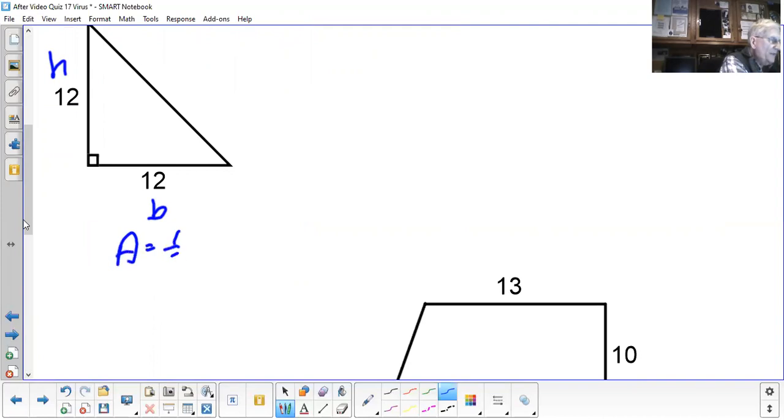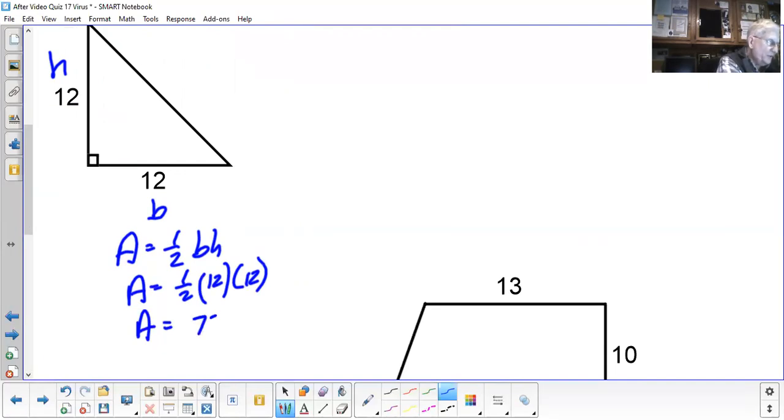A equals 1/2 BH. Since the base and height are both 12, I will do 1/2 of 12 times 12. Half of 12 is 6, 6 times 12 is 72. Or if you had multiplied 12 times 12, you would have gotten 144, and then taken a half of it, you would also still get 72. So there is the answer for this particular question. 72 square units is the area of that triangle.